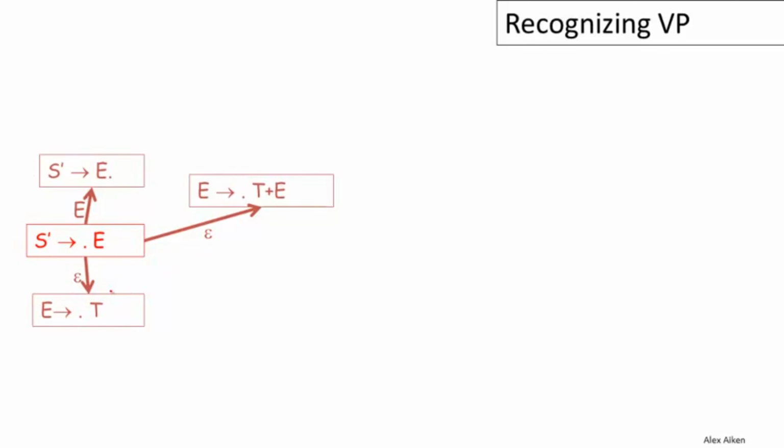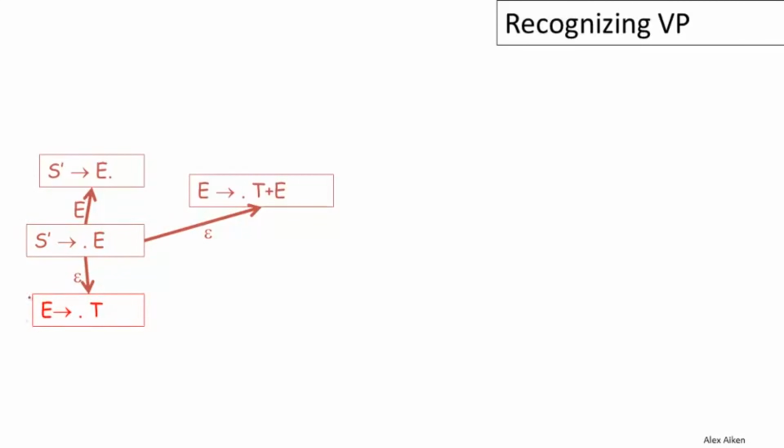And remember, the non-deterministic automaton accepts if any possible choice accepts. So it can always guess correctly. So intuitively, it will be able to pick the right one. Now, of course, we can compile this down to a deterministic machine that won't have to make any guesses. But at this level, where we're writing the non-deterministic machine, it's extremely useful not to have to figure out which of these two productions to use. We can just try both and see what happens.